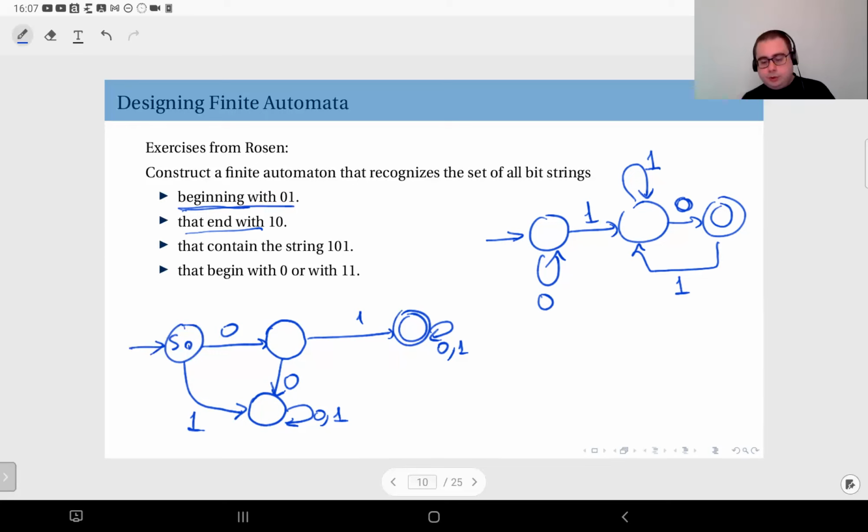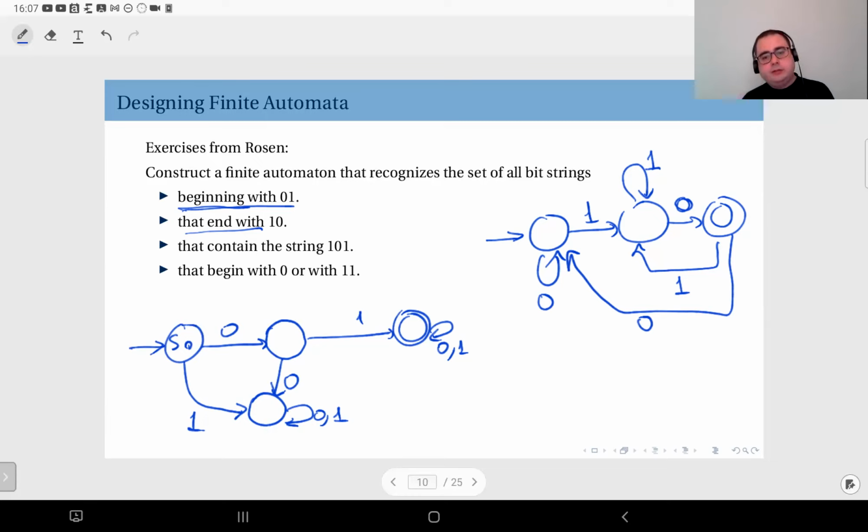Okay, so what if I encounter a 0? Then it should go to the initial state, because now I need a 1-0 pair. Okay, so this is the finite automaton that recognizes strings ending with 1-0.